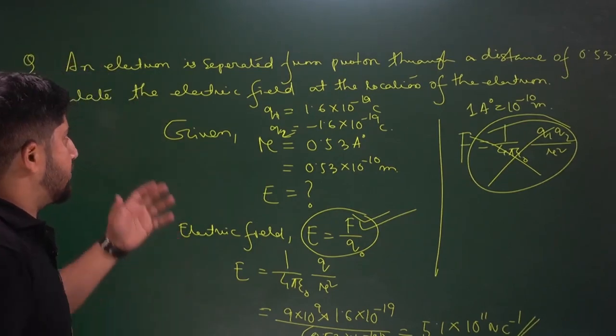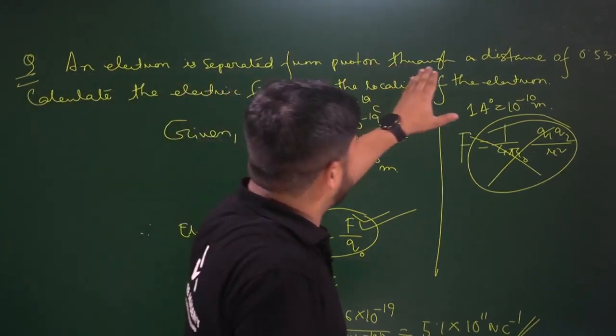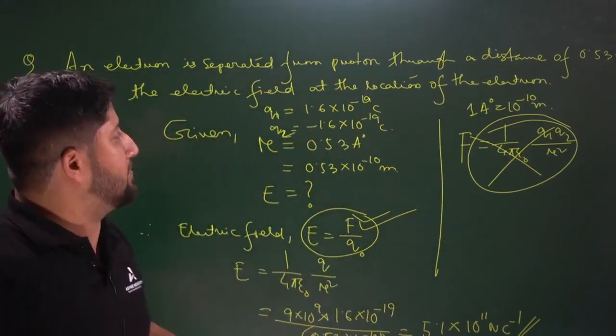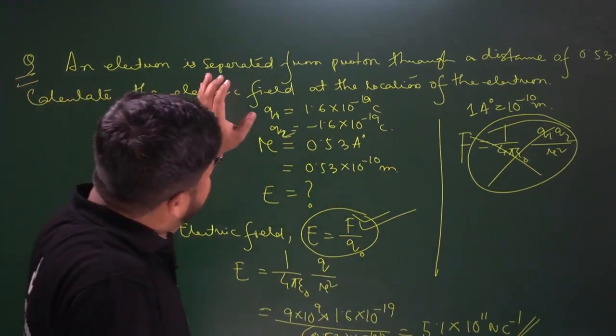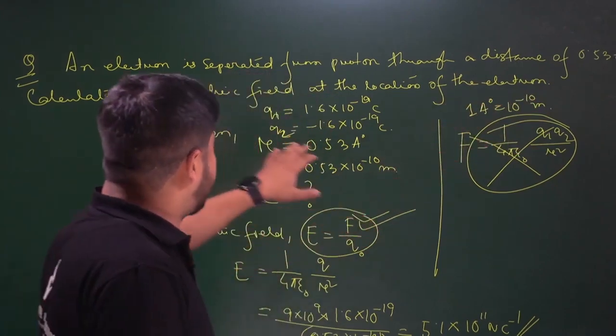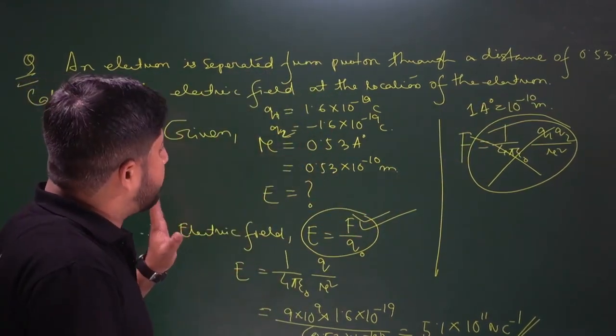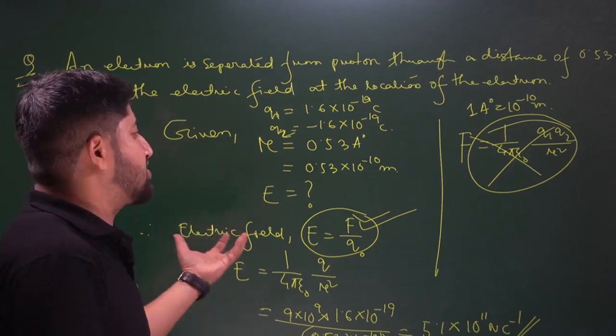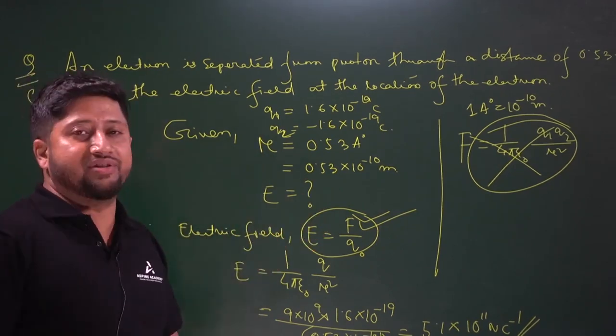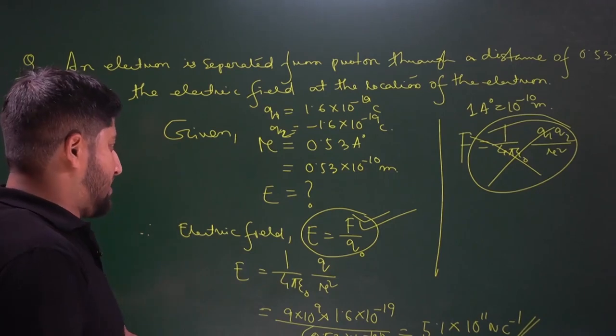Any confusion? An electron is separated from a proton through a distance of 0.53 angstrom, and we calculate the electric field at the location of the electron. First, r is 0.53 into 10 to the power minus 10, because 1 angstrom is equal to 10 to the power minus 10 meter.